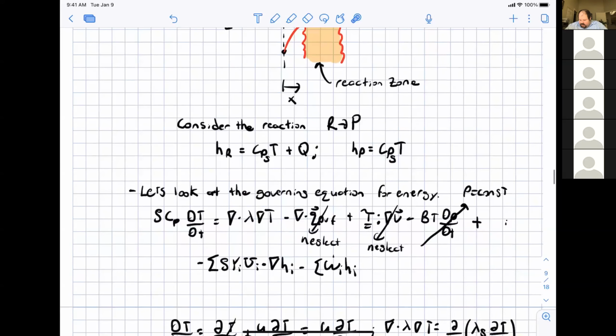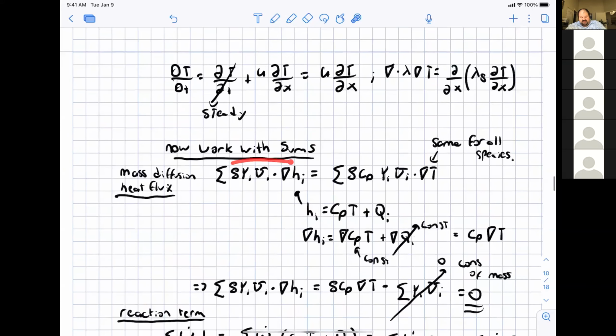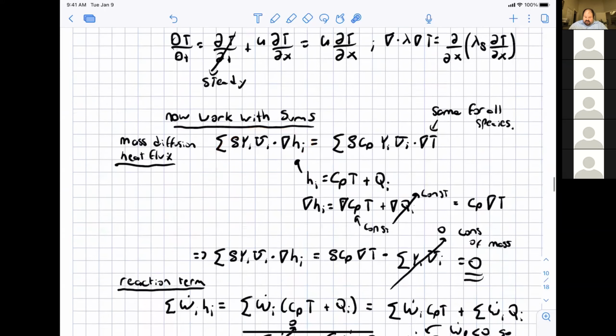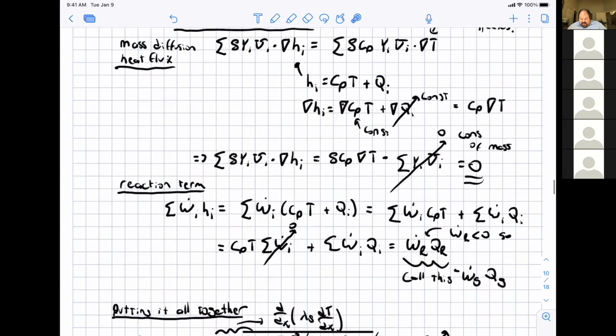We then work with the temperature form of the governing equation, expanding out the substantial derivatives and the divergence operators in 1D. Then we work with these nasty sums, and because we are assuming a very simple equation of state, these become extremely simple. That is, the mass diffusion energy flux is 0.